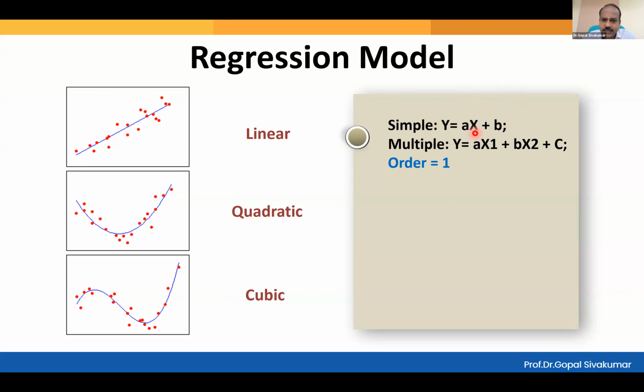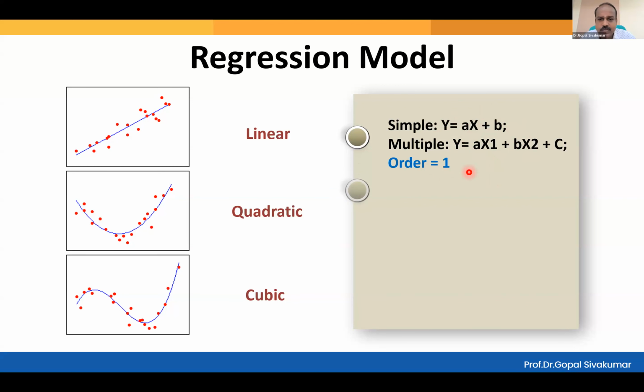How many x factors are here in the first equation? One. Only one. So this is known as simple linear regression. But in the second equation, you have two x factors. Yes. This is now multiple linear regression, and order is 1. Order 1 means there is no x square involved here. You don't see any x square, you see only x power 1.